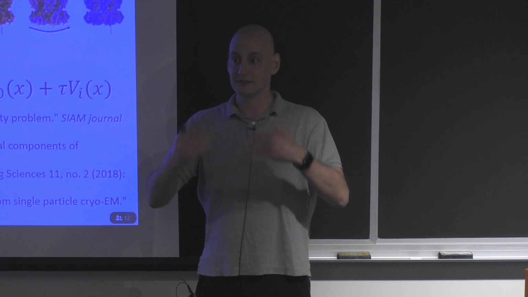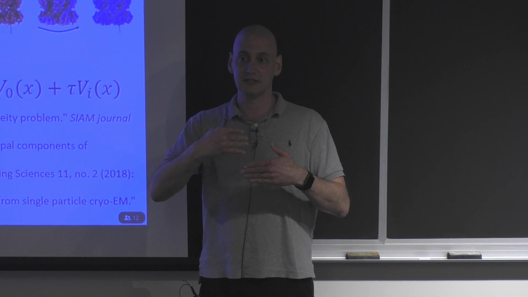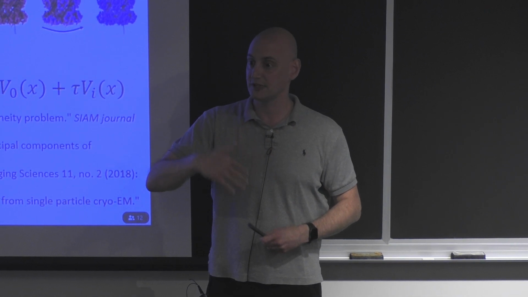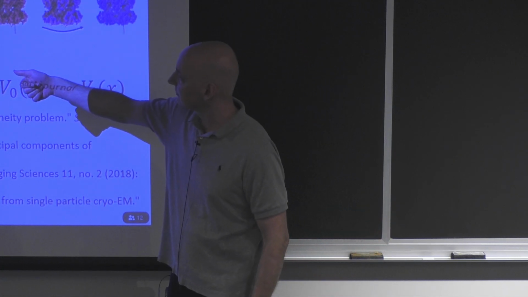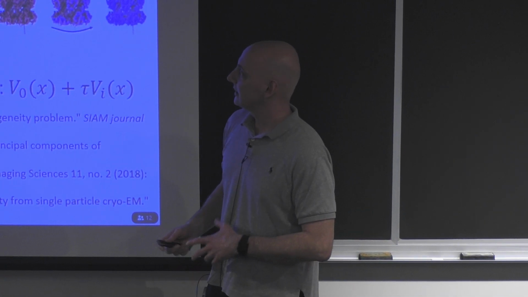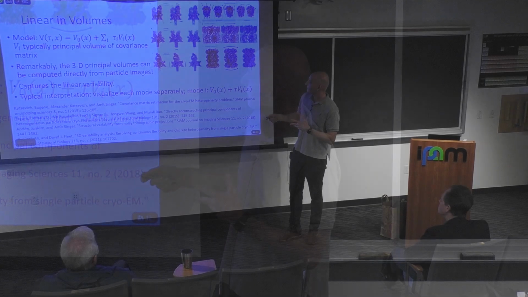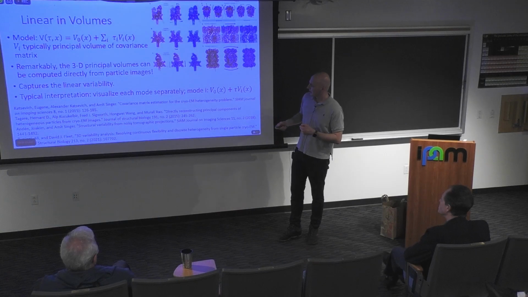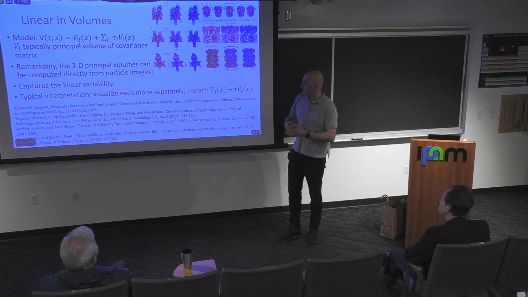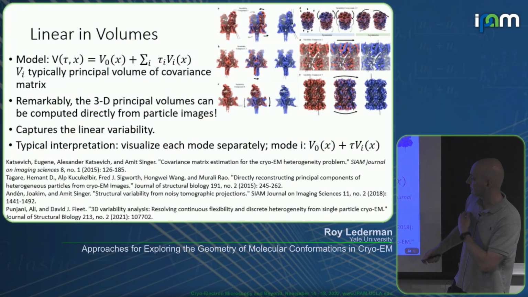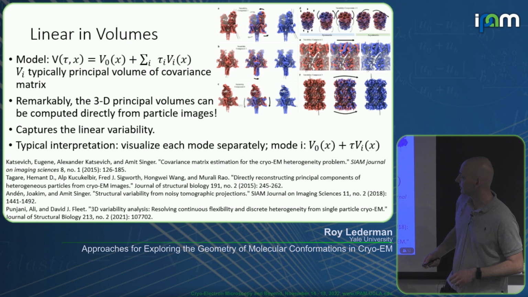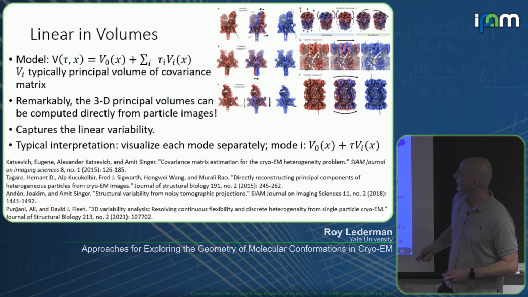It turns out that it's enough to just have these two-dimensional images, and you can get the covariance of the volumes directly from that. And this captures a lot of the variability. One iteration on this is this 3DVA that's available now in CryoSPARC.